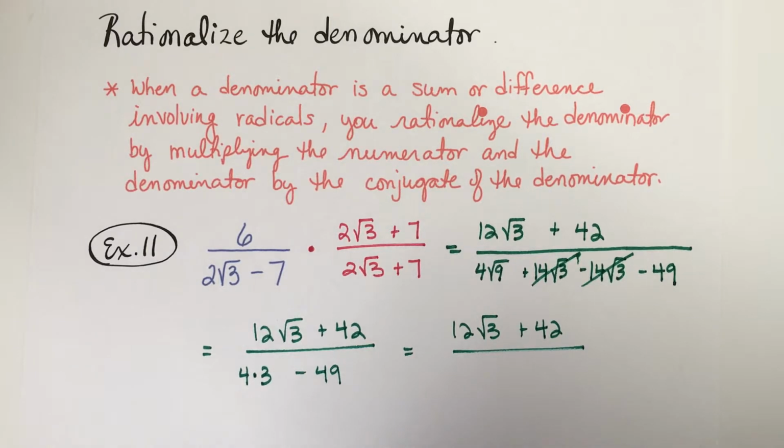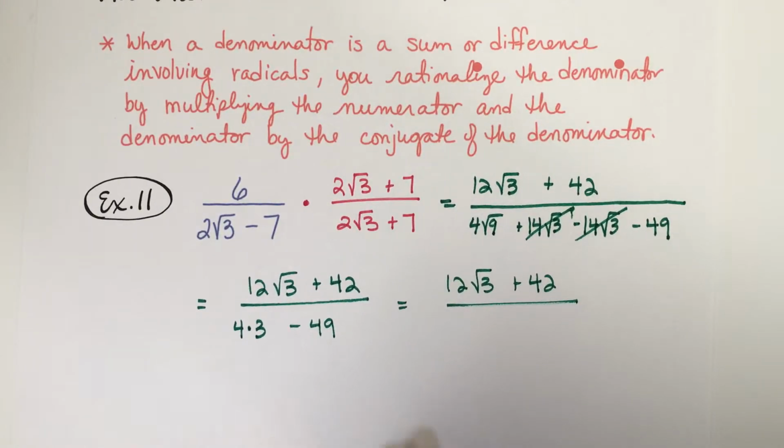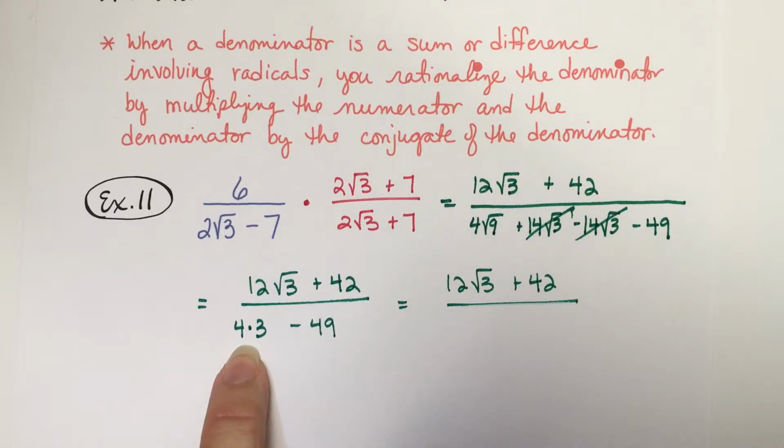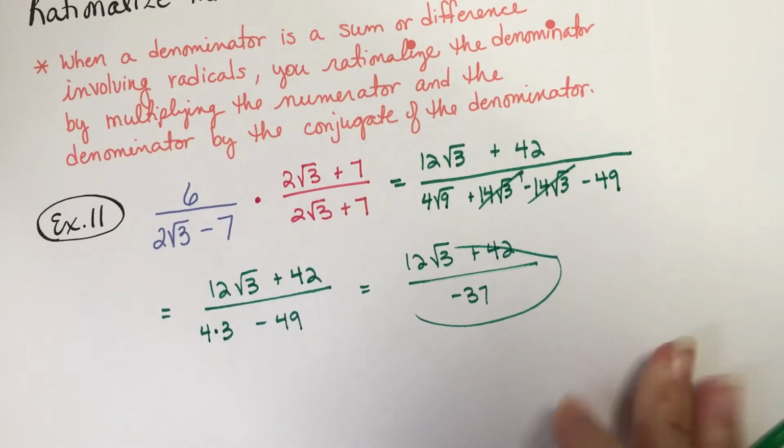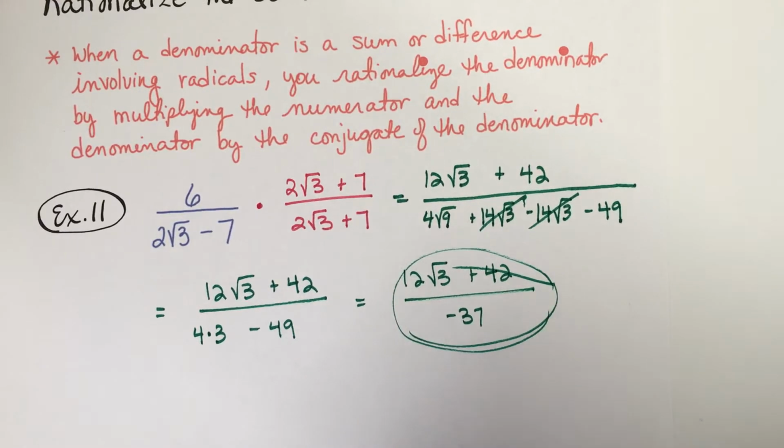Now on the bottom, let's just do one thing in our head. This is the same thing as 12, so just do 12 minus 49. That's going to end up giving you a negative 37. So this is your answer.